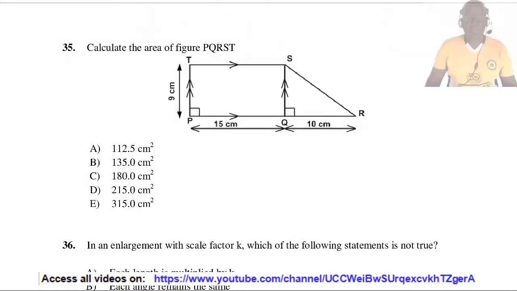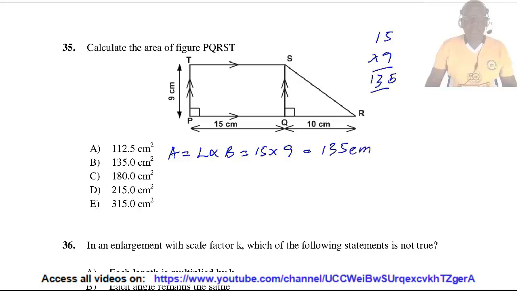Question 35. Calculate the area of the figure PQRST. The figure is made out of 2 shapes, a rectangle and a triangle. The area of the rectangle equals the length times the breadth. The length equals 15 and the breadth equals 9. 15 times 9 is 135 centimeters squared.